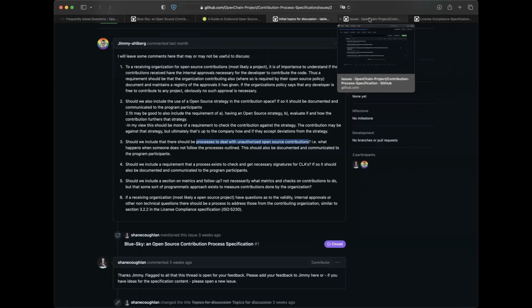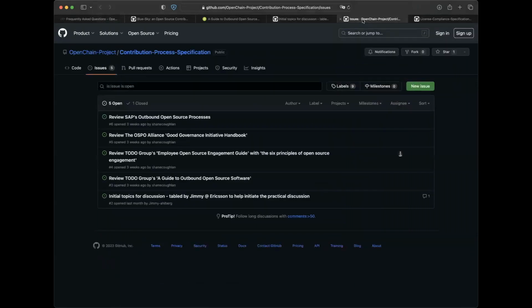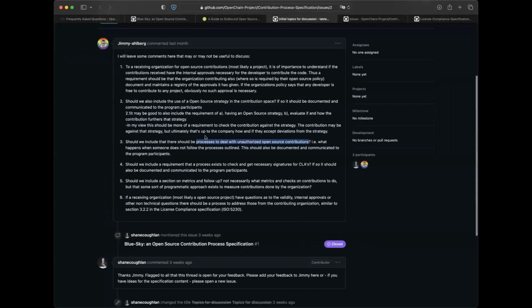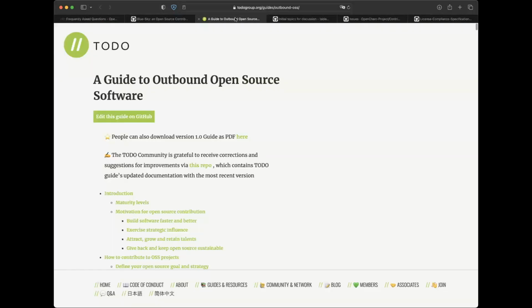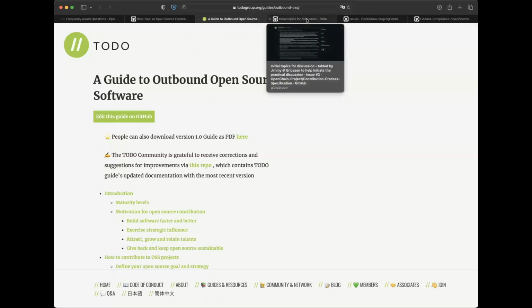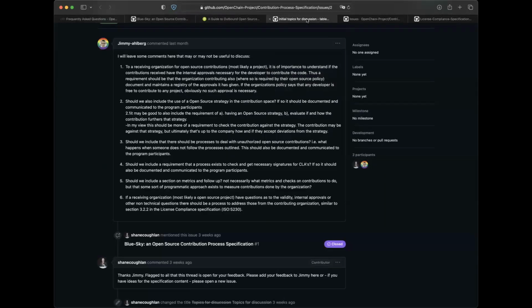Put the concerns in your mind into issues, then we look at those and the other suggestions, we formulate draft language, and we double check it against other material like the TODO group material and the SAP material. That's how we iterate and try to cover everything.